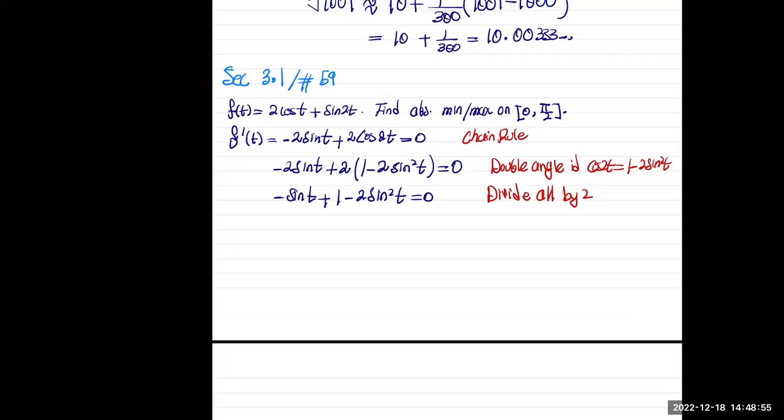It's better also to factor out a negative because the leading coefficient, which is the coefficient of sine squared t, is better if that is positive. It's easier to factor the equation.